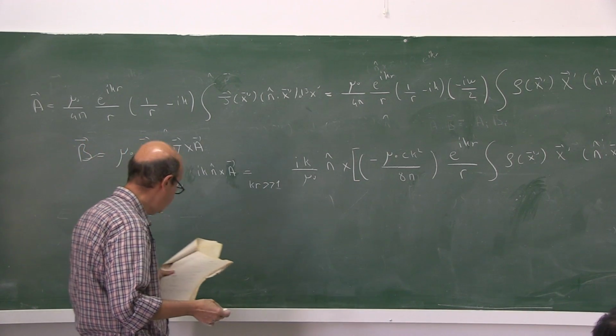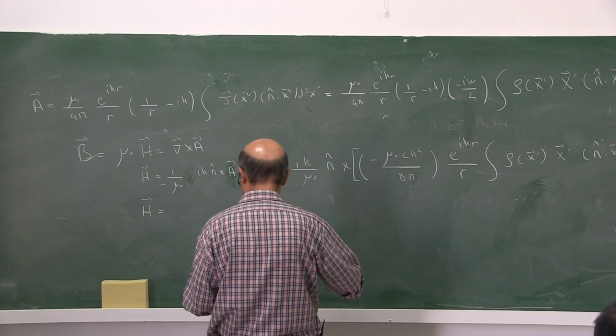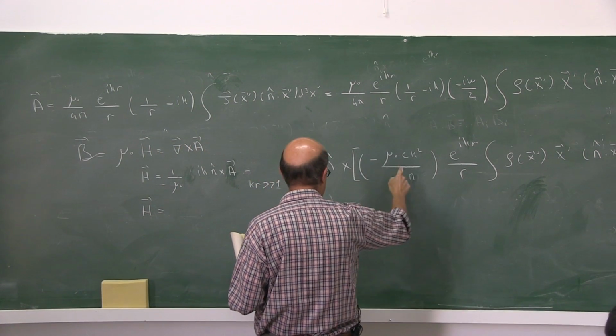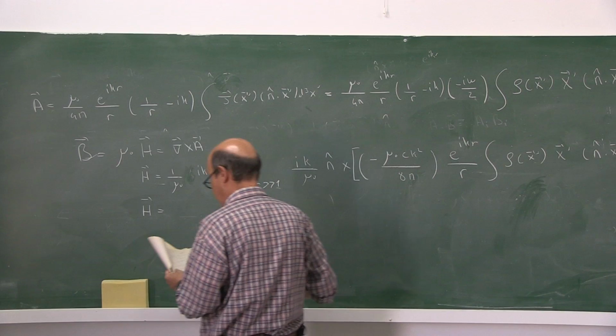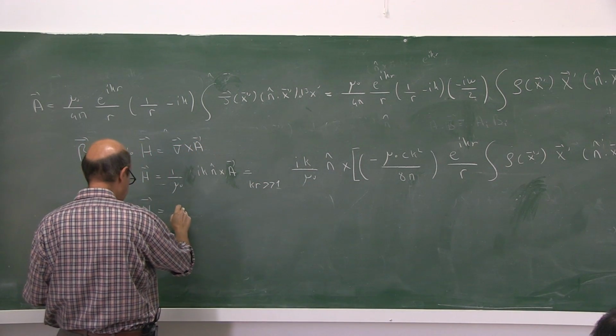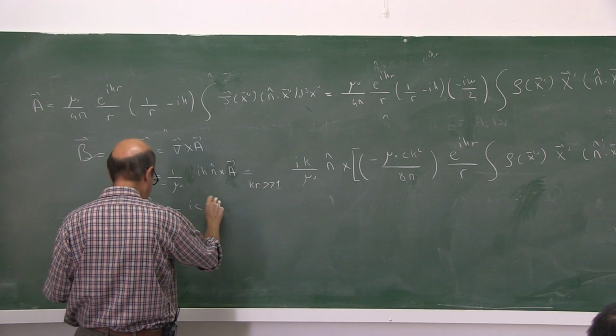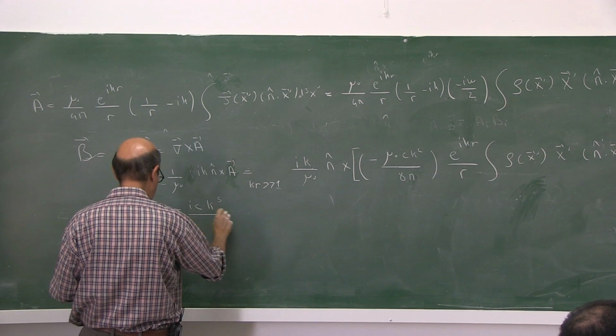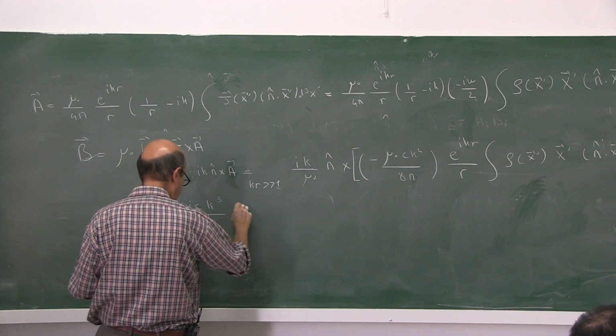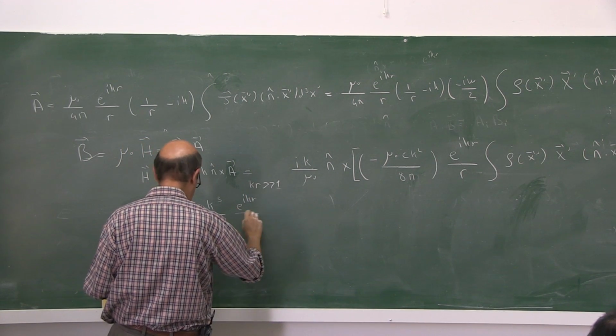I am telling you in advance. So we have minus i k cube C. If you collect the coefficients, you will have i C k cube over 8 pi e to the i k r over r.